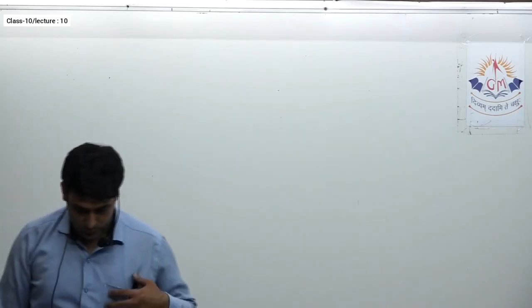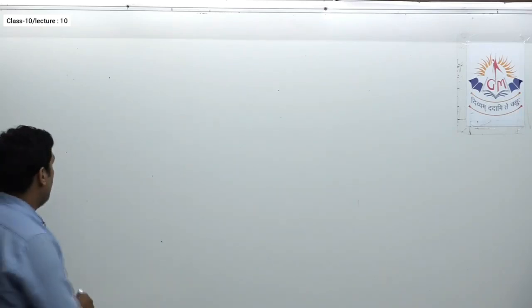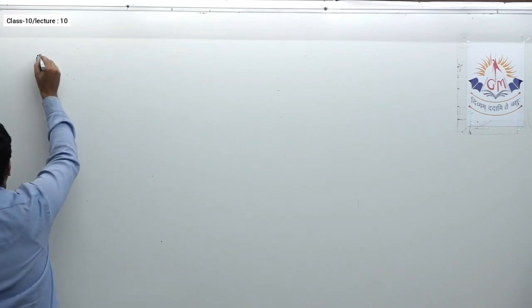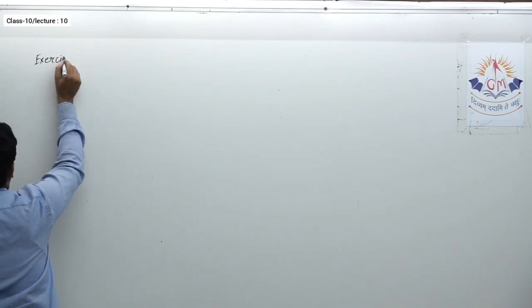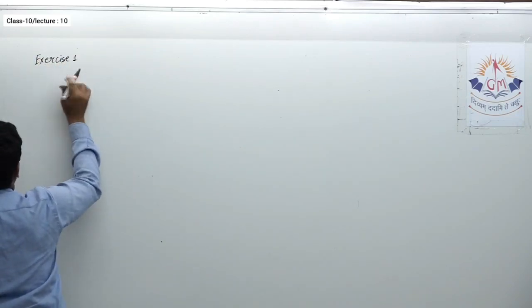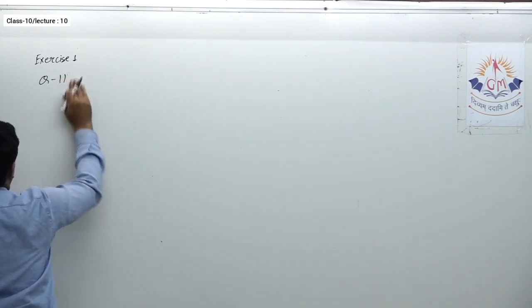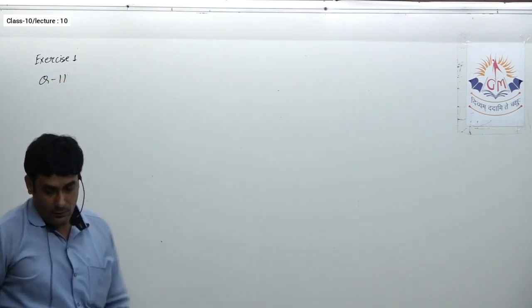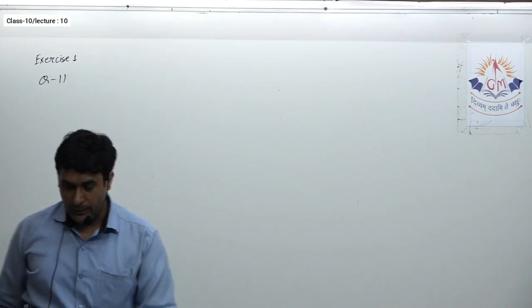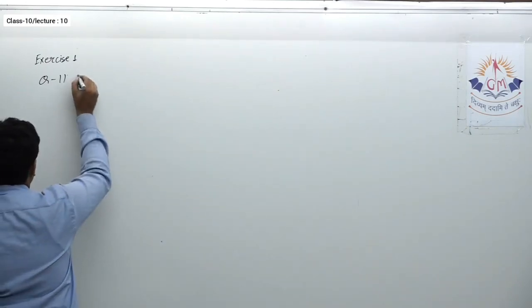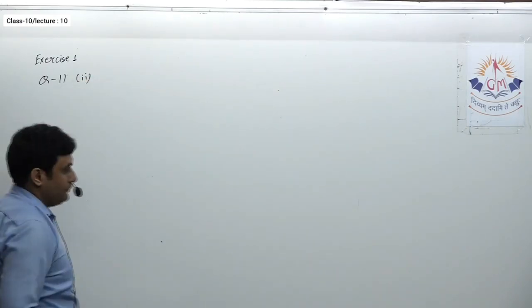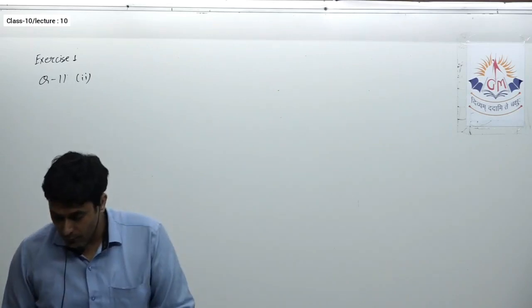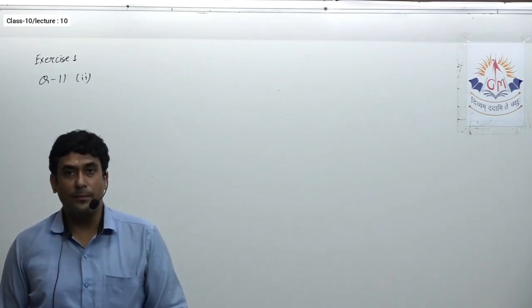Exercise 1, question number 11. We will see its second part. We have to solve the equations by the method of substitution. Solve the following pair of linear equations by substitution method.